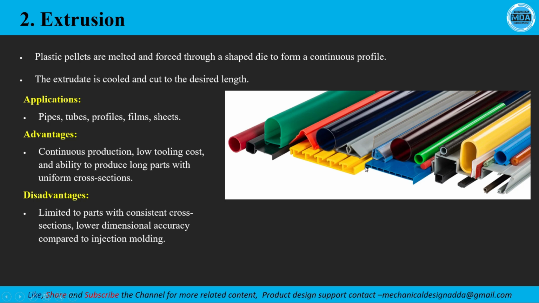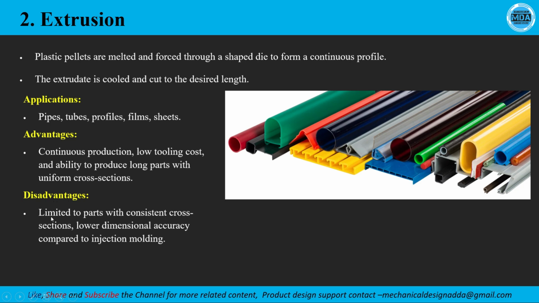This extrusion process is used for pelletizing also. The applications are pipes, tubes, profiles, films, and sheets. The advantages are continuous production, low tooling cost, and the ability to produce long parts with a uniform cross section.